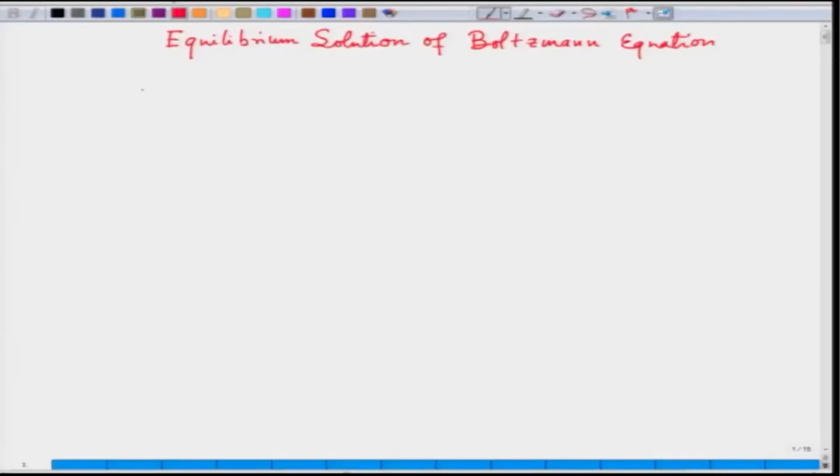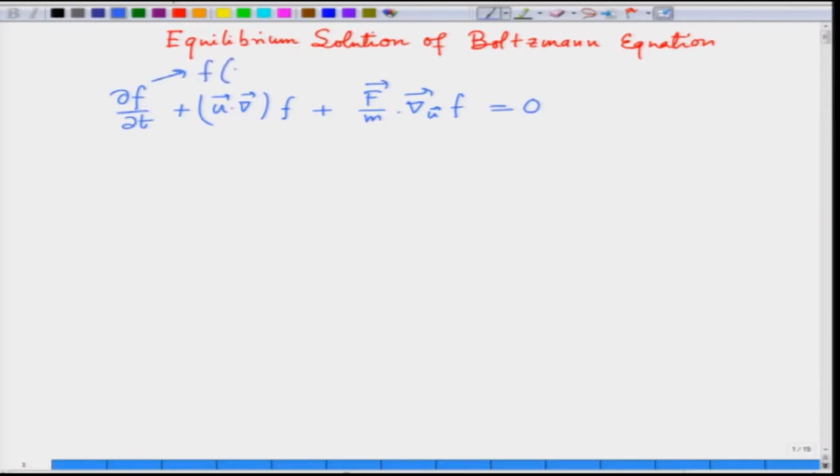If you remember the form, the collisionless Boltzmann equation should look like this, where f is the kinetic distribution function, which can be a function of the position, the velocity and time.